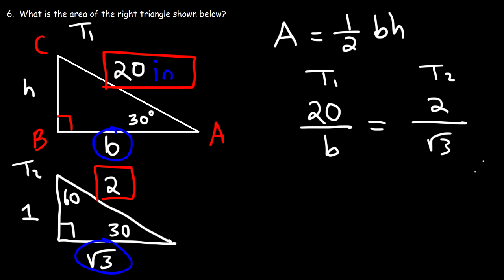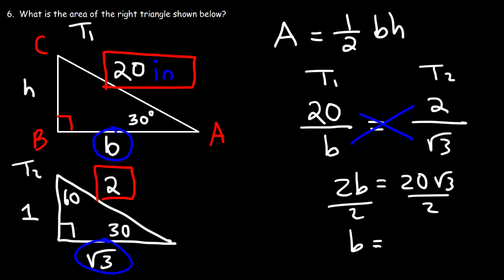And so we need to solve for B. Let's cross multiply. So we have 2B is equal to 20 times the square root of 3. Now we just divide by 2. 20 divided by 2 is 10. So B is equal to 10 square root 3.